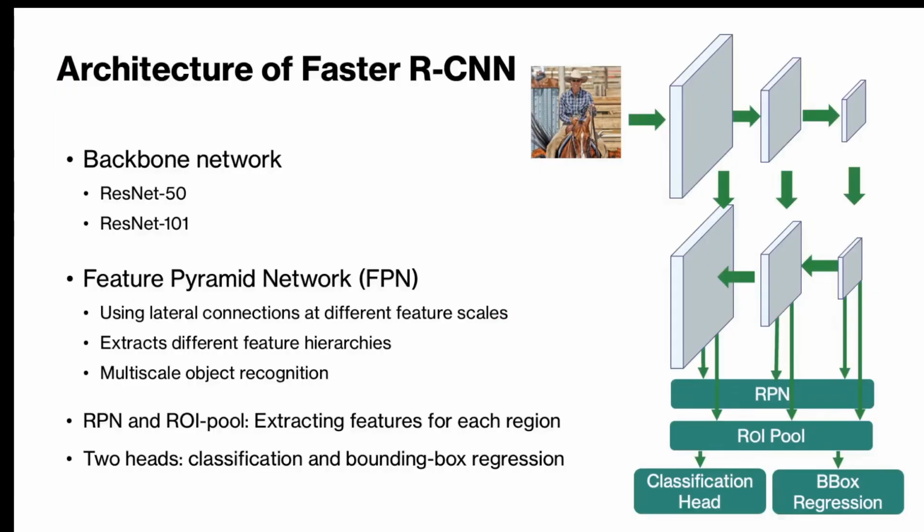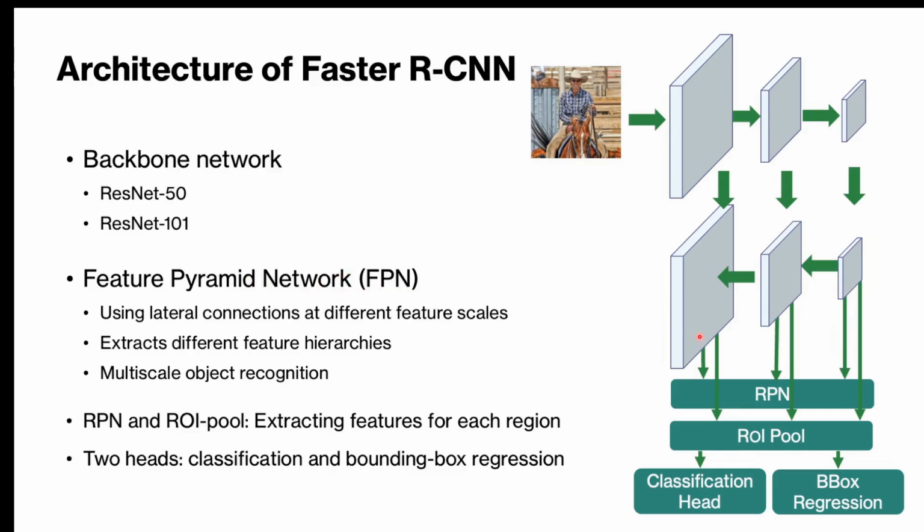And here is the architecture of the faster RCNN model. Given an input image, we first feed it to a backbone network such as a ResNet 50 or a ResNet 101, and we extract features at different scales from the backbone. Then, in order to make this object detection suitable for detecting objects at multiple scales, we feed these features to a feature pyramid network, or FPN.